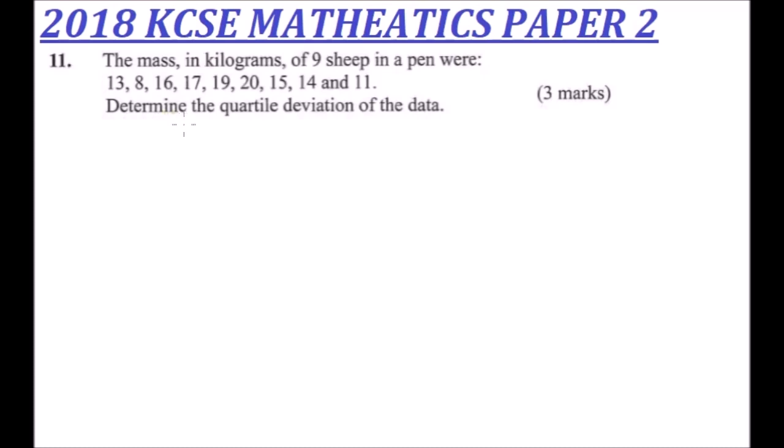So the first thing we need to do is to arrange this data in ascending order. That is starting with the smallest, where the smallest is 8, followed by 11, followed by 13, followed by 14, followed by 15, followed by 16, followed by 17, 19, and finally we have 20.